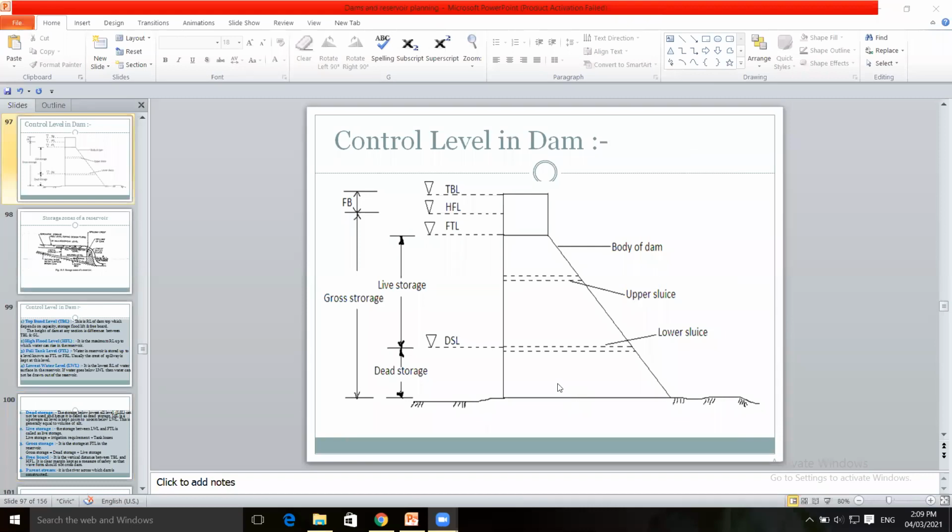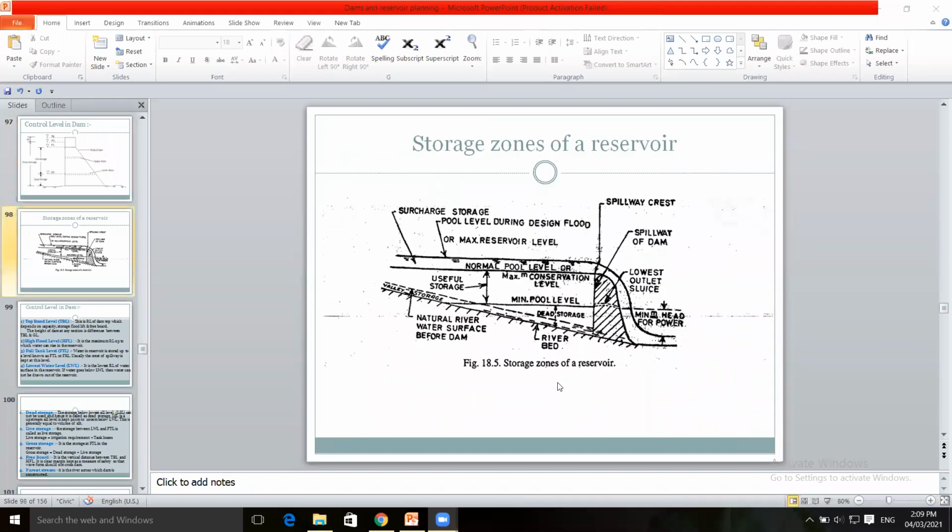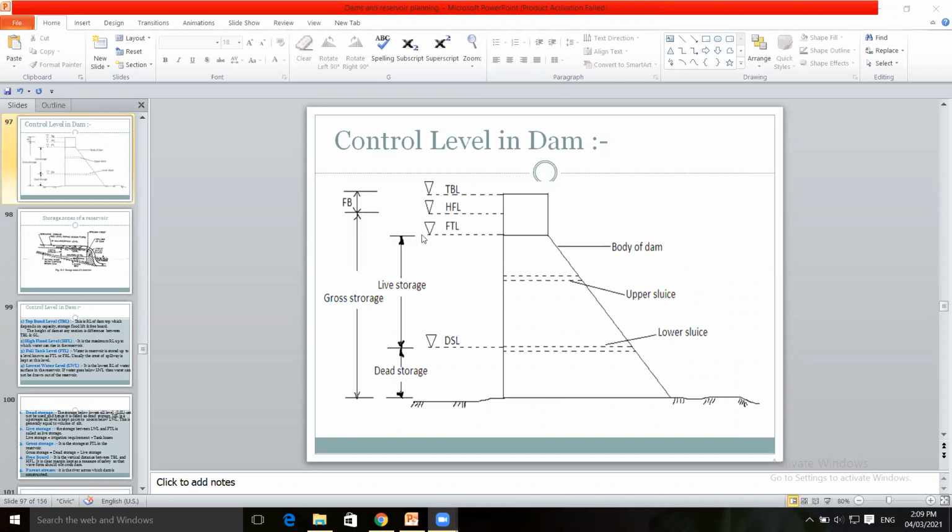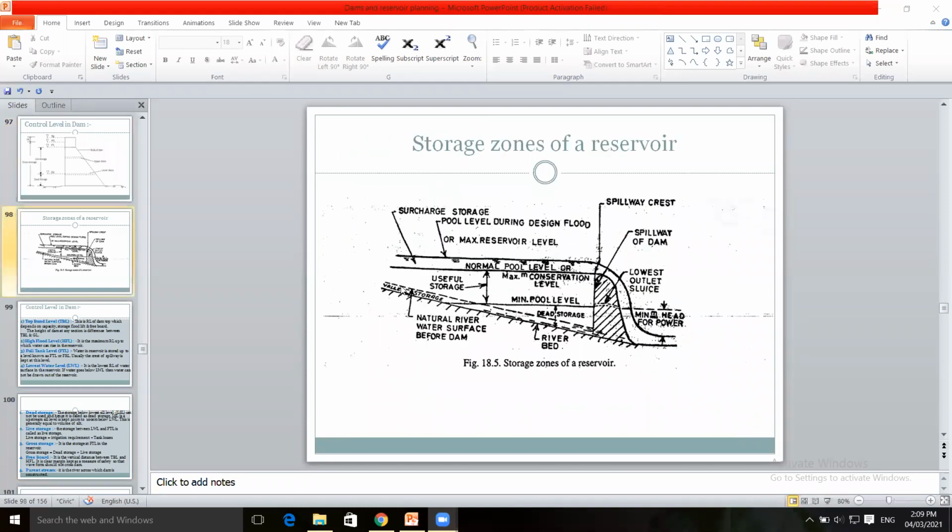Then we have seen control levels in the dam, different control levels like TBL, HFL, FTL, DSL, live storage, dead storage, gross storage, freeboard. Each terminology we have seen in detail in the last lecture.